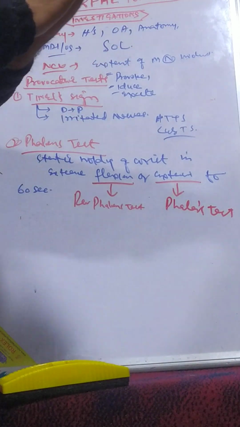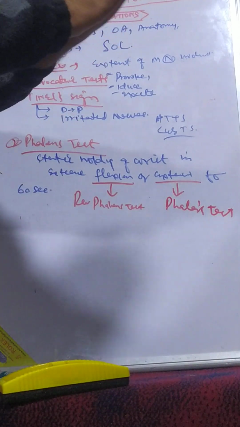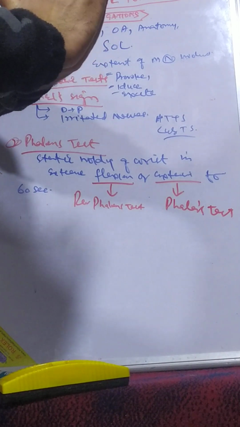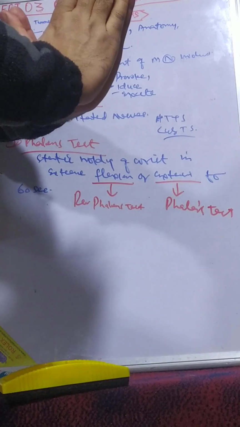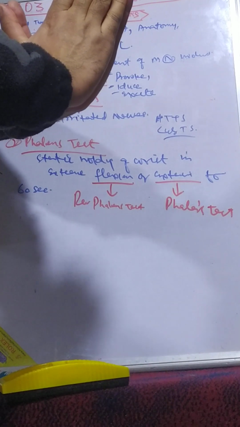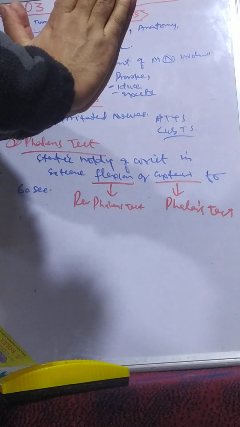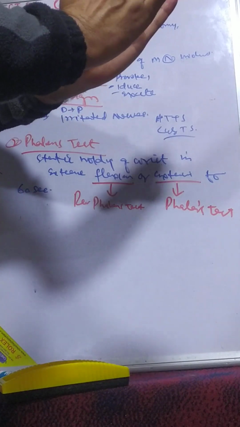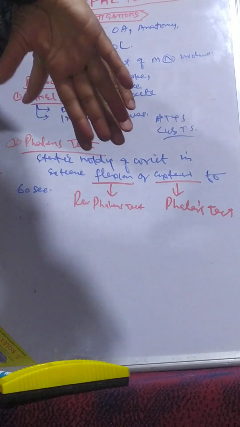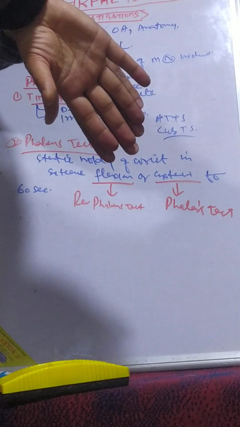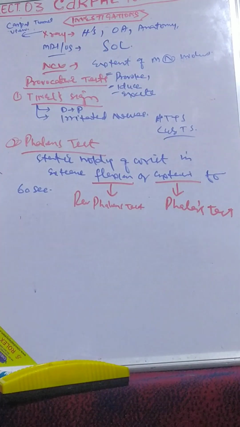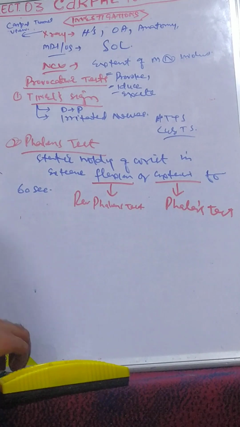You hold the wrist this way for 1 minute in flexion, and this time in dorsiflexion for 1 minute, also called wrist extension. So within 1 minute, the symptoms get replicated.